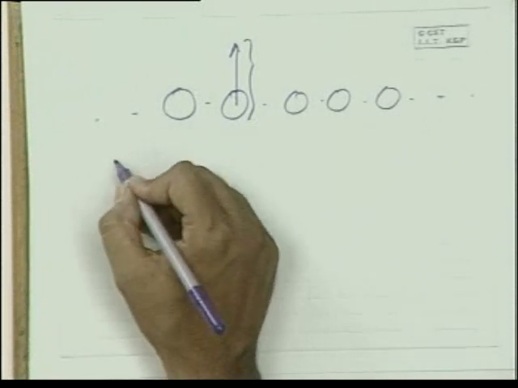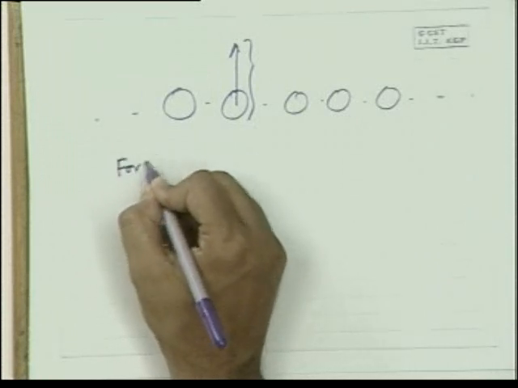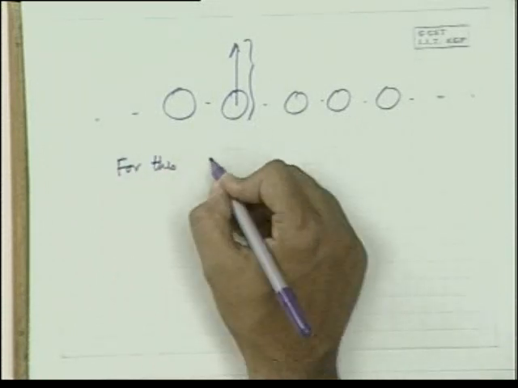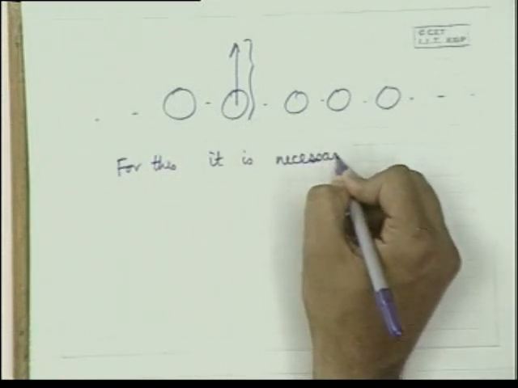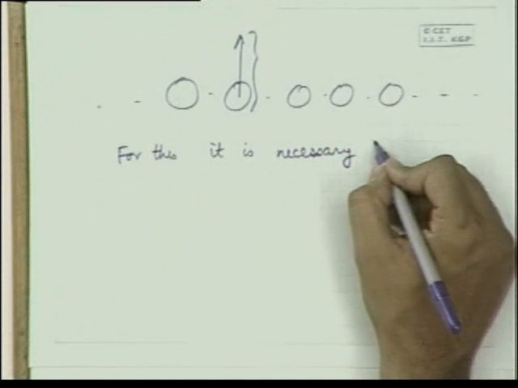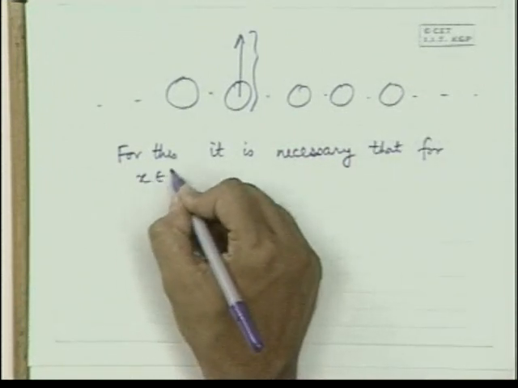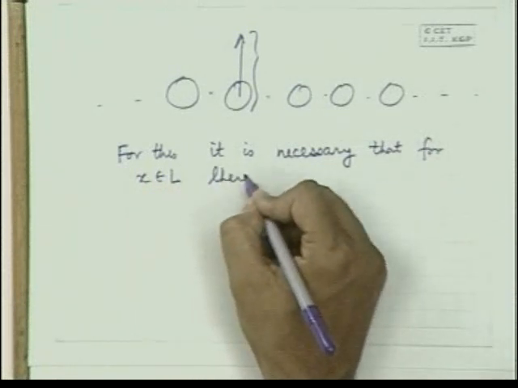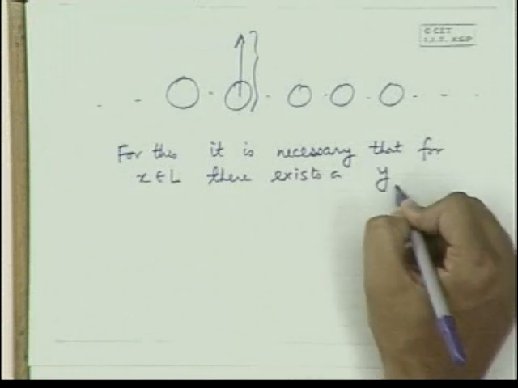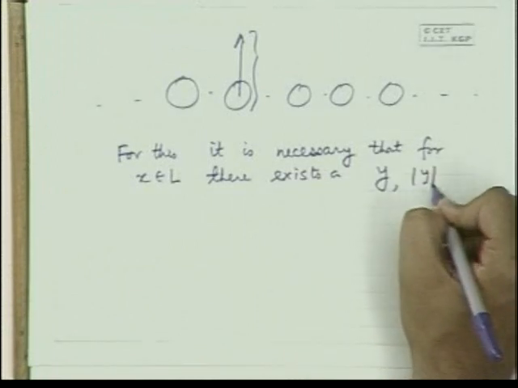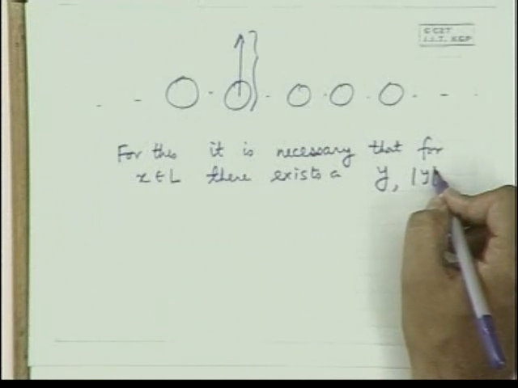So when we say polynomial, it is necessary that for x belonging to L there exists a y where the certificate y must have a length which is polynomial in terms of x.